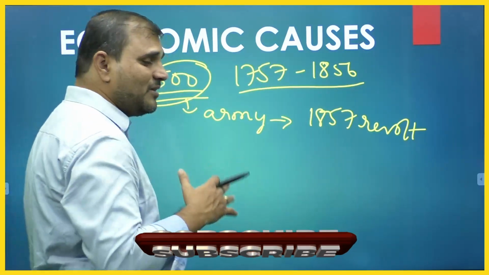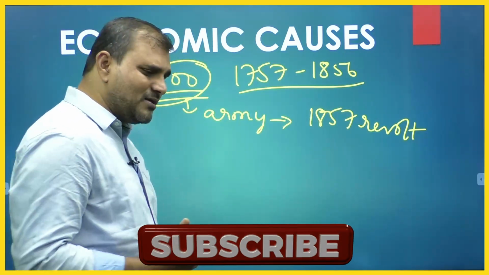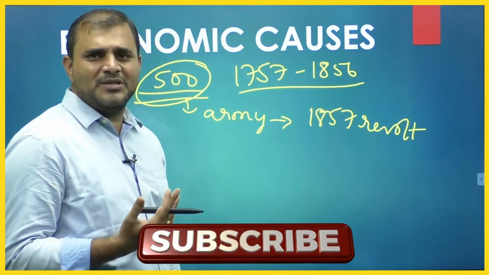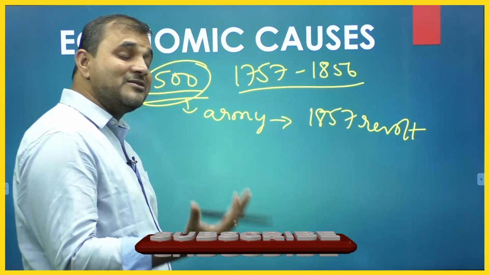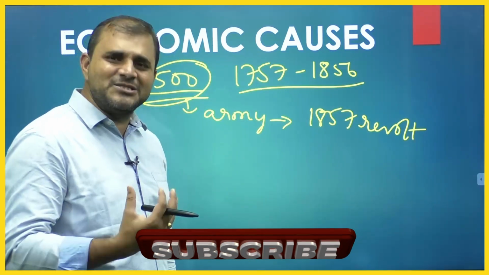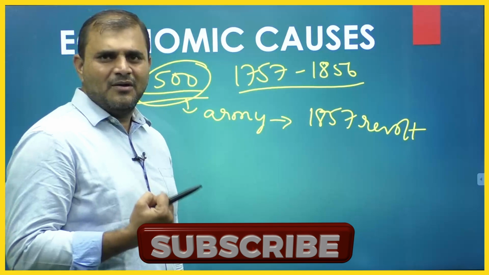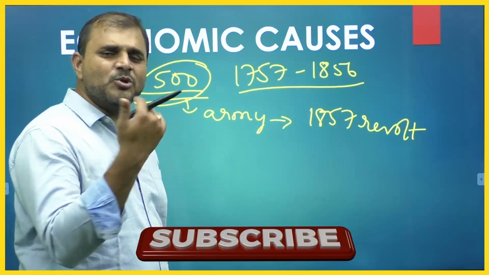And finally, some Zamindars like Kunwar Singh joined the revolt because the British introduced the Zamindari system. In the Zamindari system, every year they had to pay the tax, otherwise the British took the land. Old Zamindars showed some mercy towards the peasants during famine, but new Zamindars never showed mercy.